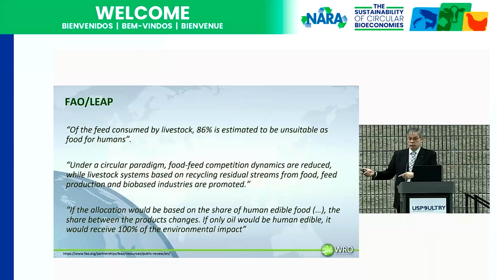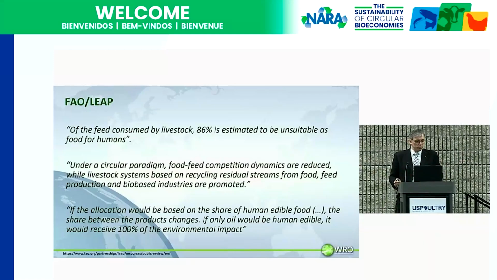We are not competing with food. Nevertheless, we are producing food. Okay? Under the circular paradigm, feed competition dynamics are reduced, while livestock systems based on recycling residual streams from food, feed production, and bio-based industry are promoted. This is the idea of this manual. We are going to promote circularity.